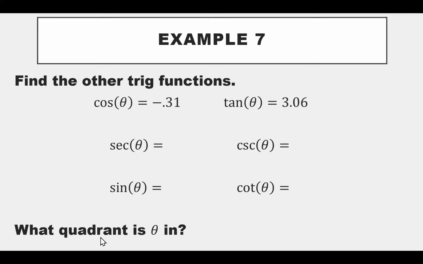And then you can also decide what quadrant that angle theta is in, meaning what quadrant the terminal ray of the angle is in. Go ahead and push pause on this video and try this one on your own. And in a couple of seconds, I'll show you how it's done.